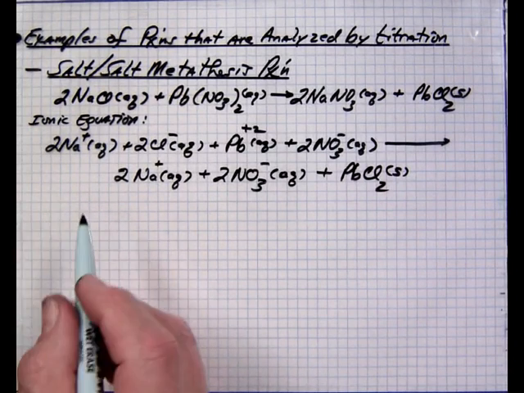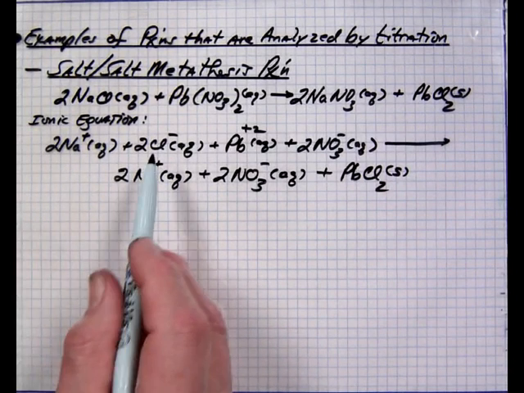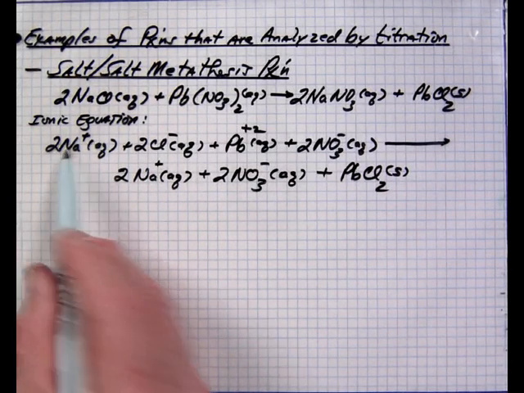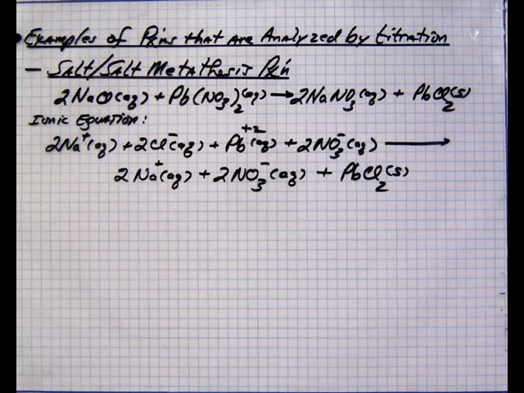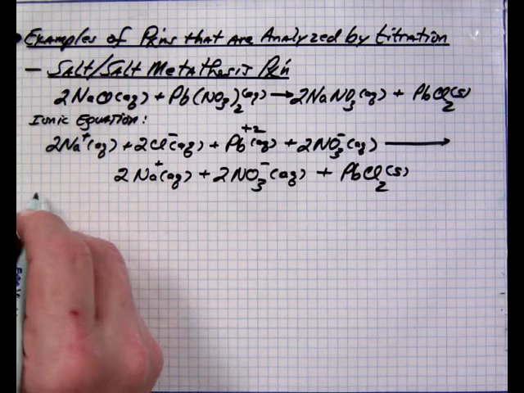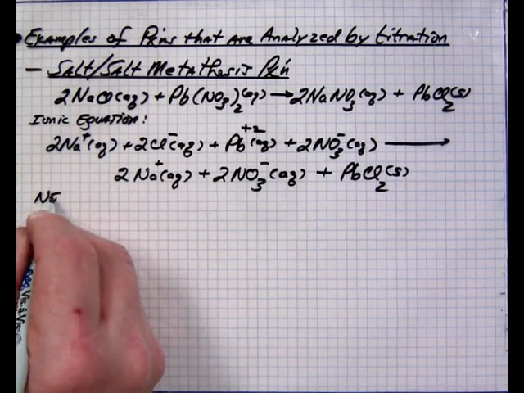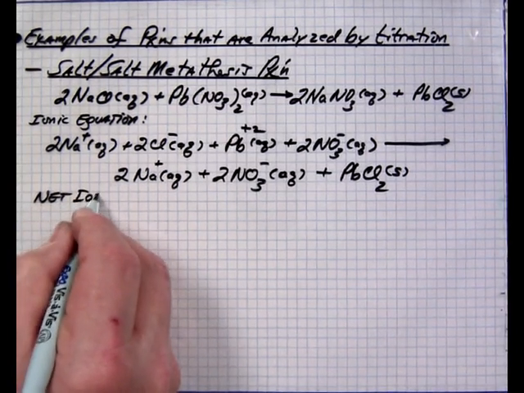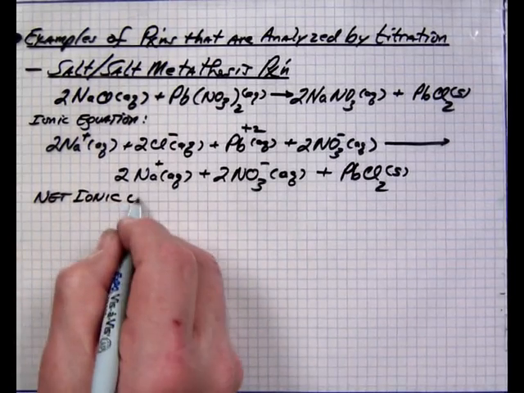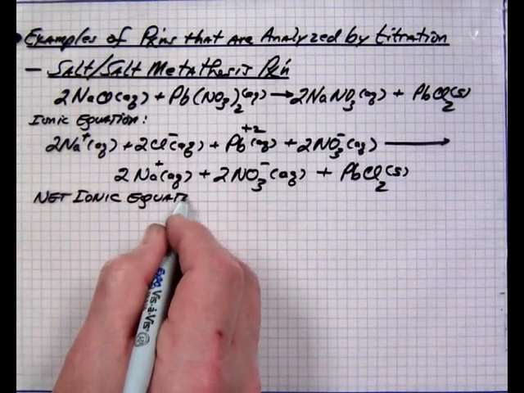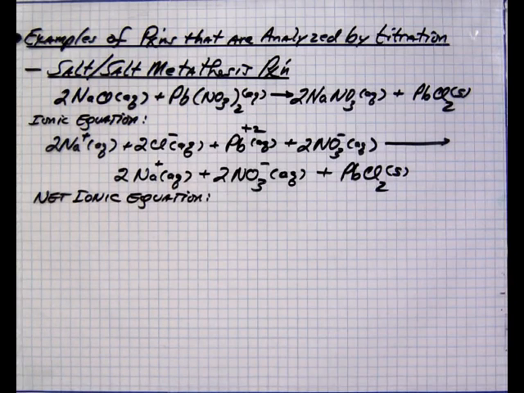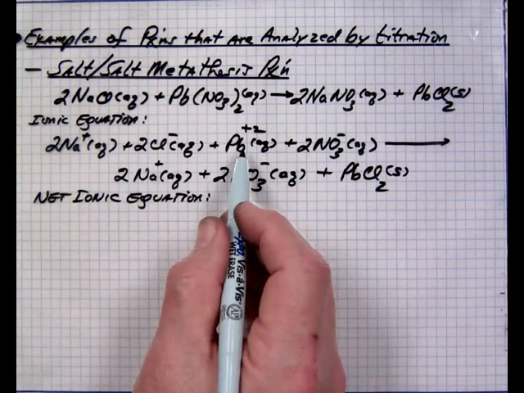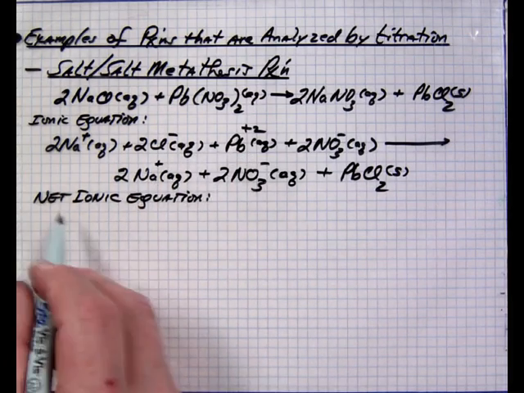And if we exclude sodium and the nitrate from both sides of the equation, we can write a net ionic equation. This would show only those ions which actually undergo reaction, the lead and the chloride.